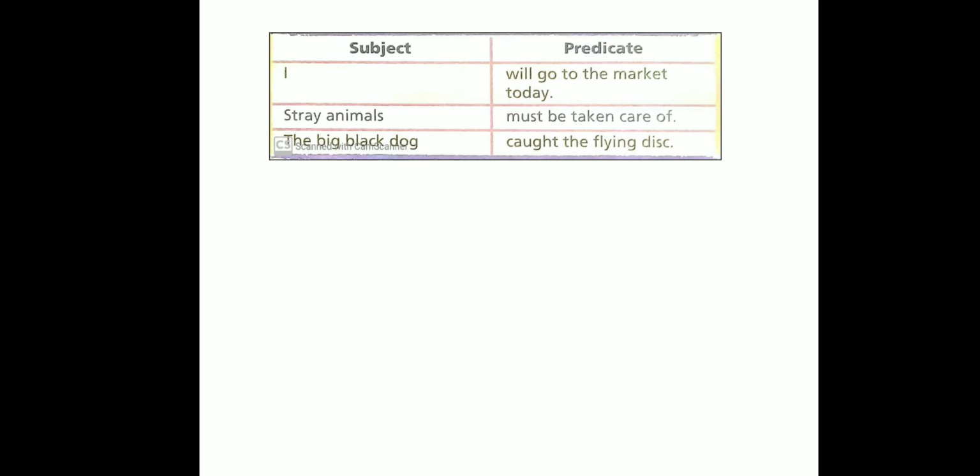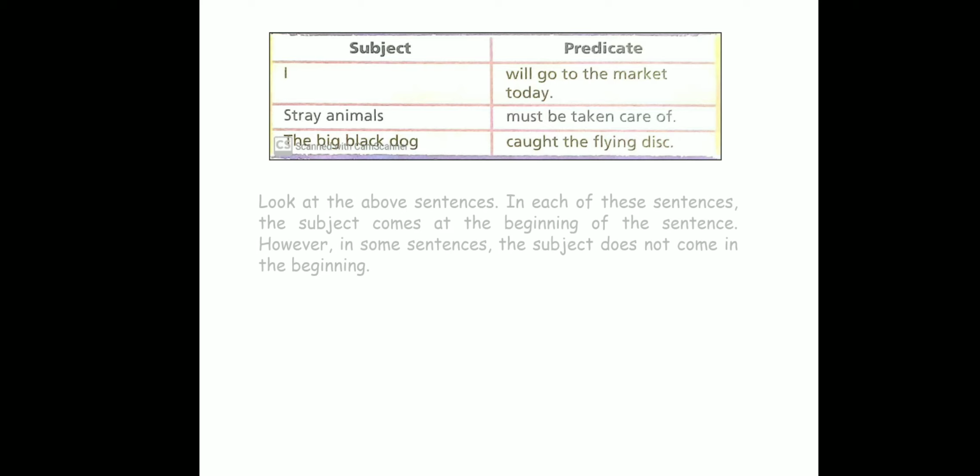They must be taken care of. This is the predicate. Last example over here. The big black dog caught the flying disc. So big black dog is the subject. And what is the dog doing? He caught the flying disc. This is the predicate. Now in these three examples, there is something common. Think about it. What is common? We will look at it.